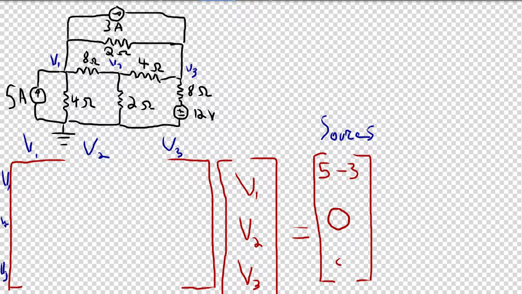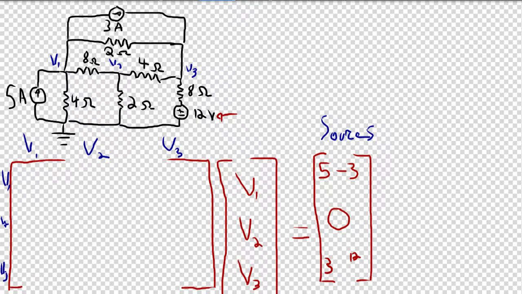So finally, this box right here, what sources are hooked into node 3? Well, we got this 3 amps, and we got these 12 volts. So we know we're going to need a 3 and a 12 in there somewhere. Now, you got to remember that this is a voltage source, not a current source.